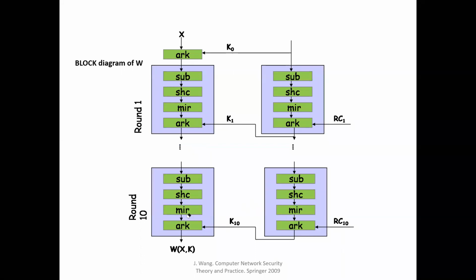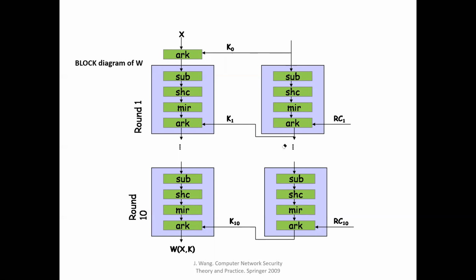As in AES, each round has exactly the same sequence of operations. We didn't have the decryption block here, but this is the key side: the right-hand side generates 11 round keys.